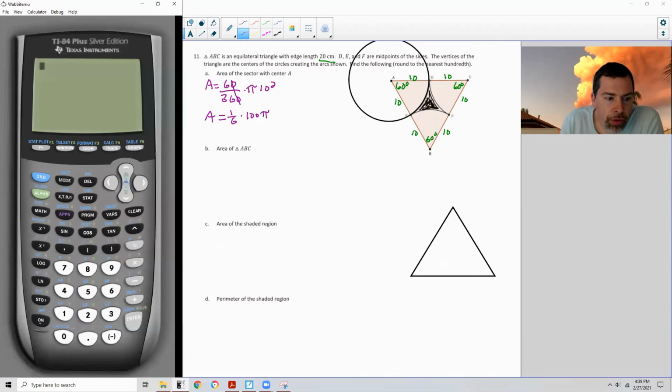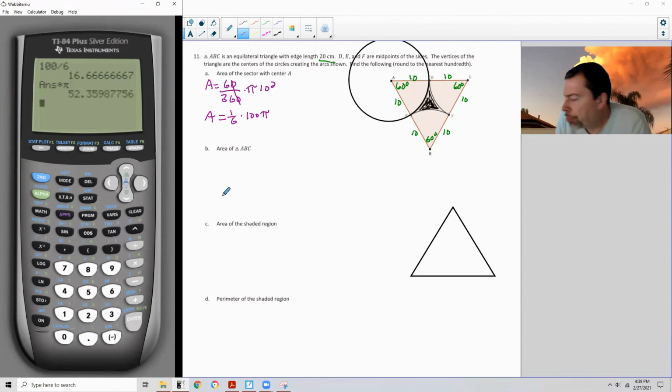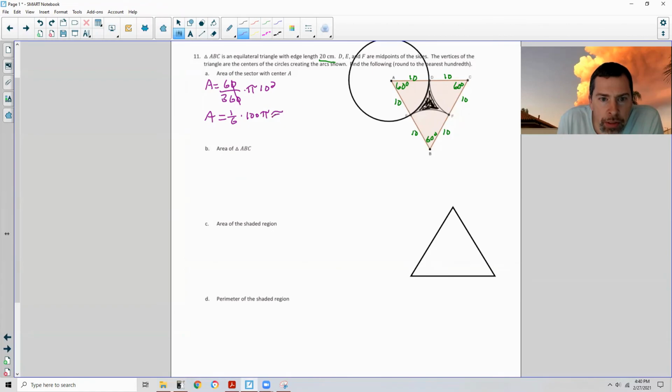So that's 100 divided by 6 times pi, and I get 52.359. Round to the nearest hundredth, the 9 will make that a 6, 52.36. Approximately 52.36 centimeters squared.